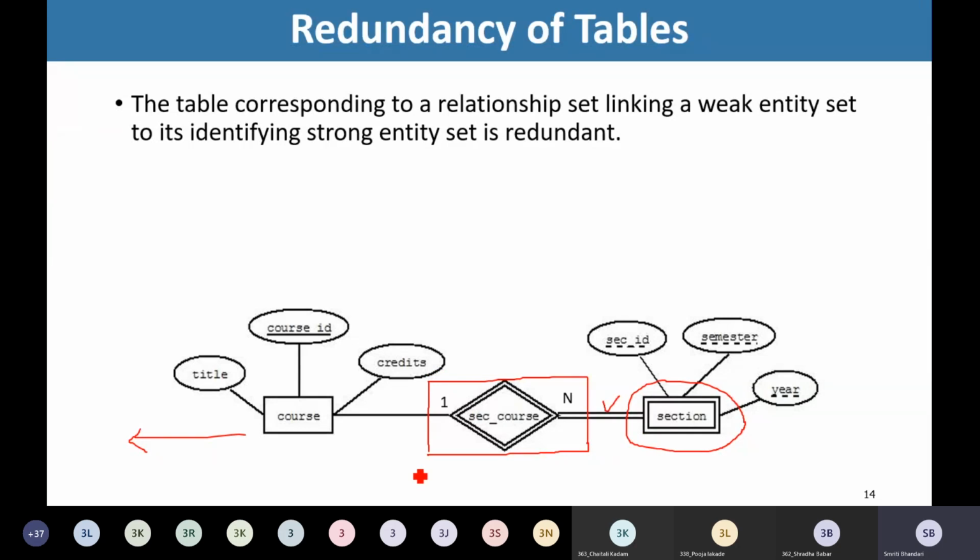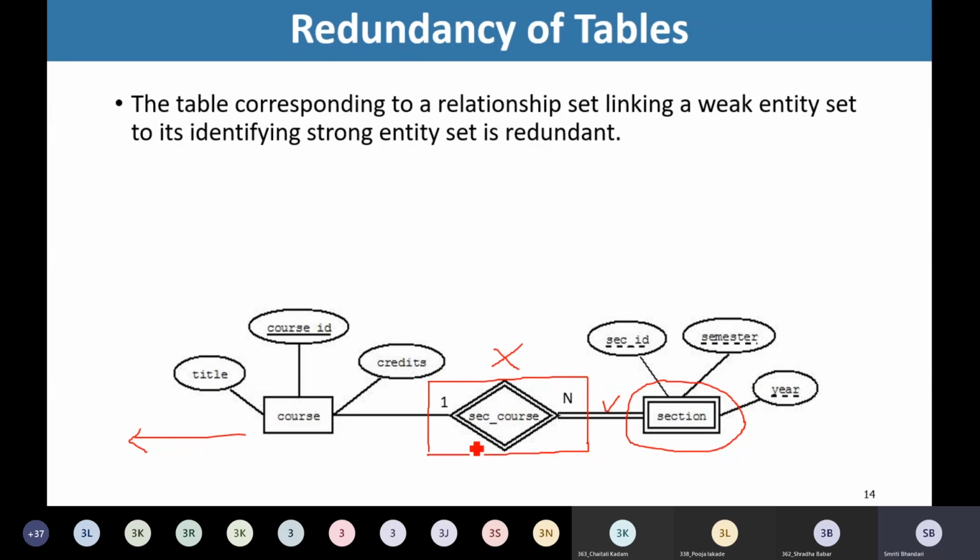So in this case, as we have added the course ID, that is the primary key, in the table of the weak entity set, once again there is no need to create a separate table for this identifying relationship set. Because if we create a separate table for this relationship set, then what would be the attributes for that table? The attributes would be the primary keys of the respective participating entity sets.